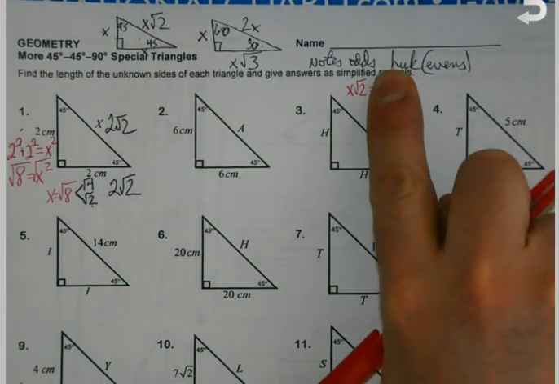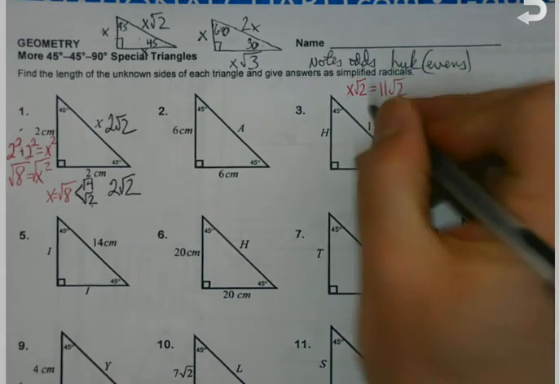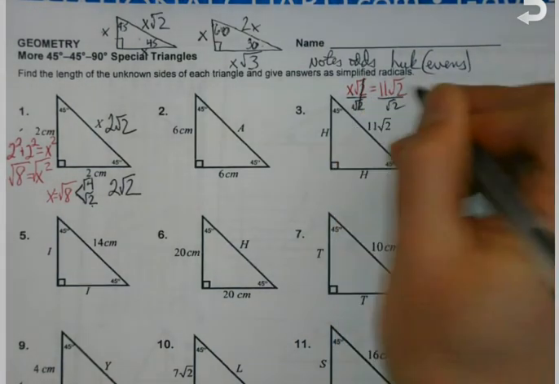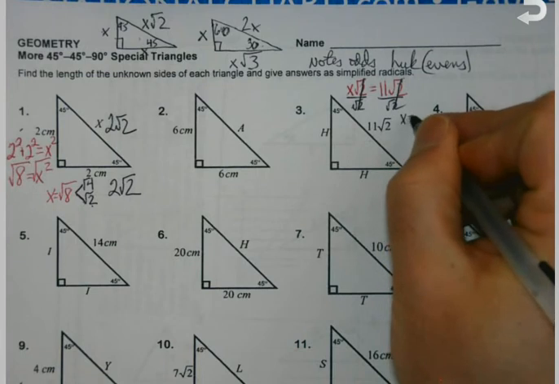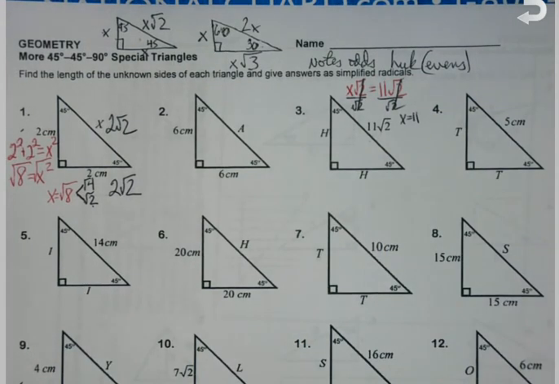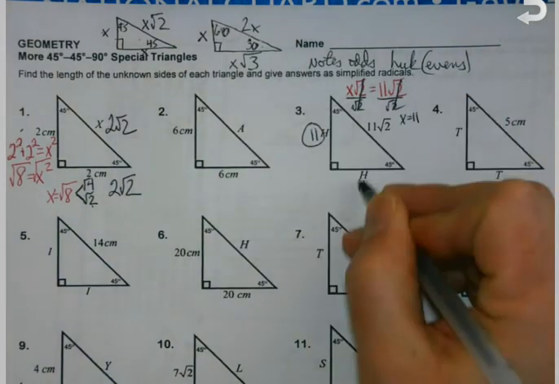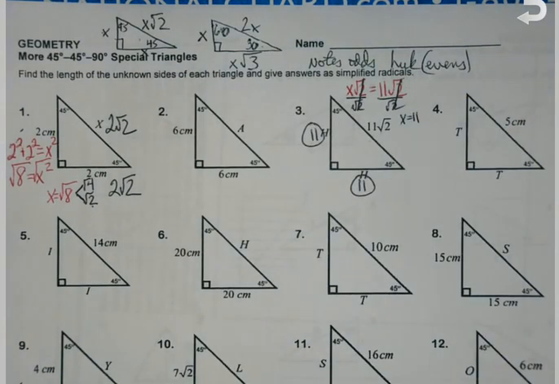If I told you to get x by itself and you're multiplying it by the square root of 2, what would you do to both sides? Divide, okay. Well, if I divide by the square root of 2, the x value equals 11, which just means each of my legs has a length of 11.